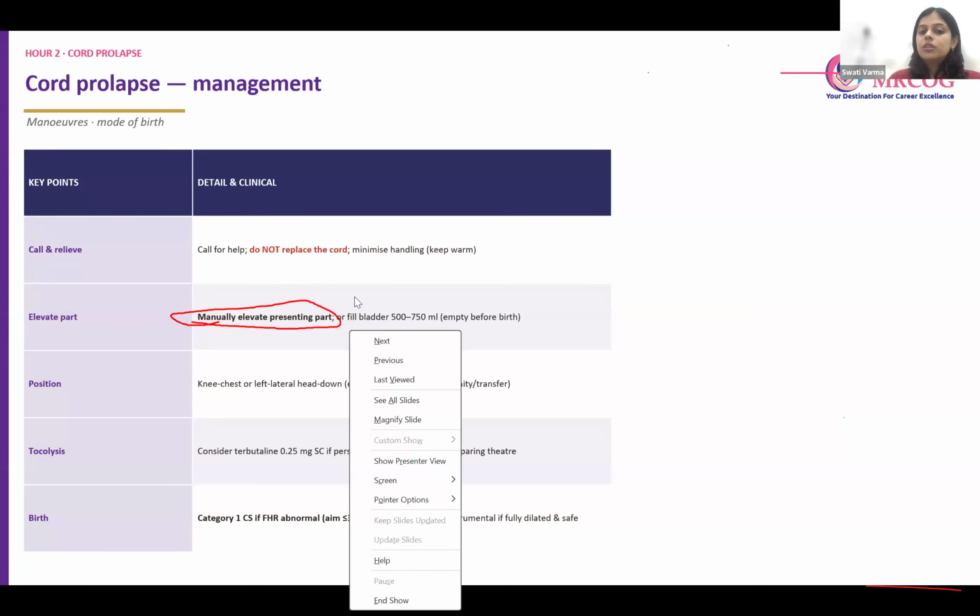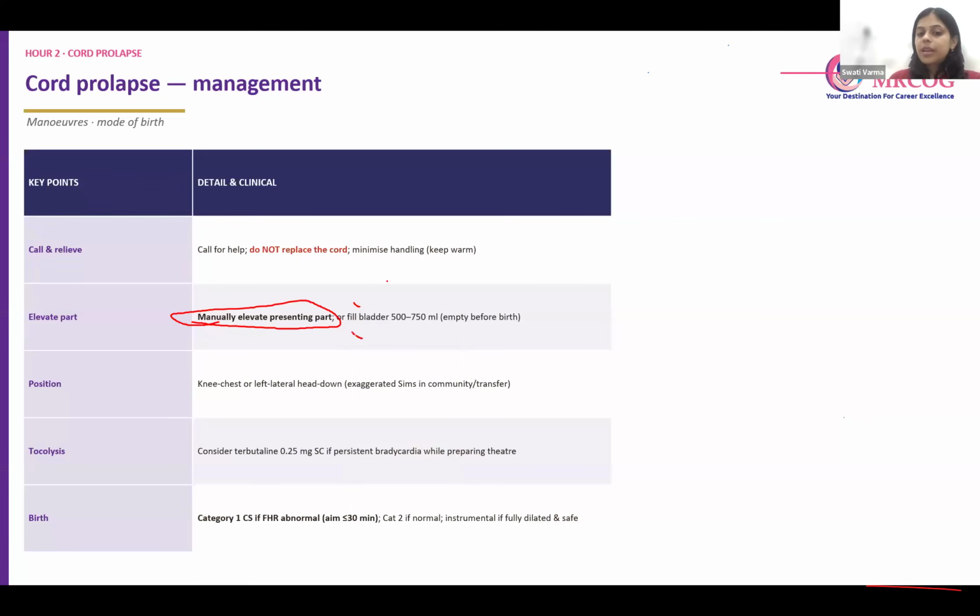First and foremost, preferable option is bladder filling. Fill bladder 500 to 750 ml, empty before birth. Positioning: when she is in the community waiting to be transferred, then the preferred position is knee chest position, so that the presenting part gets elevated and pressure on the cord is relieved.